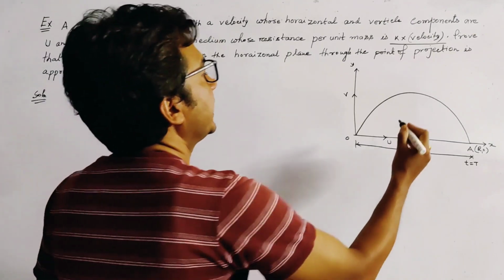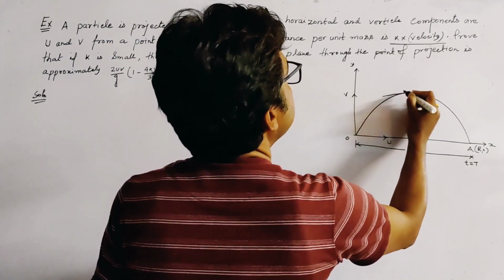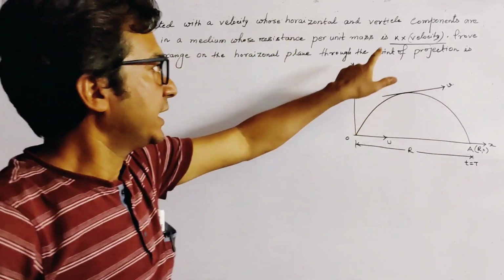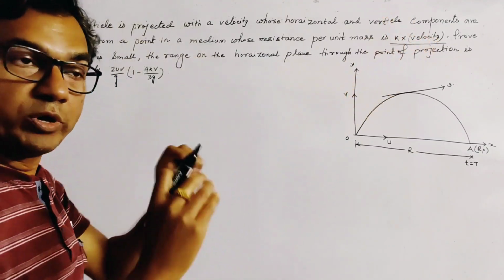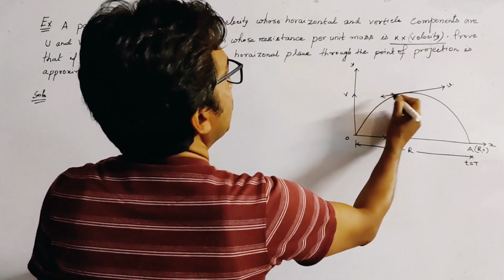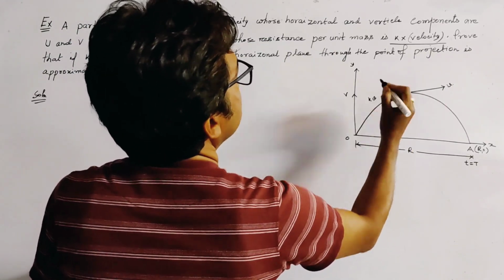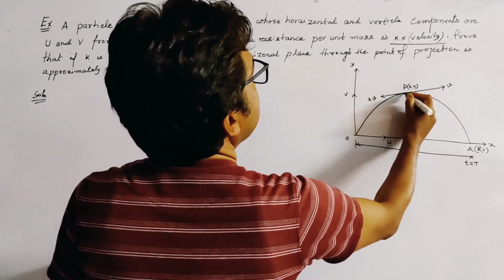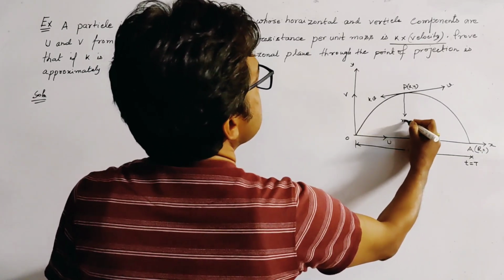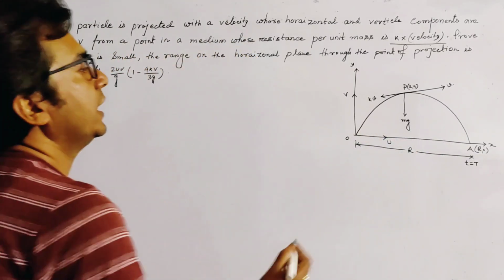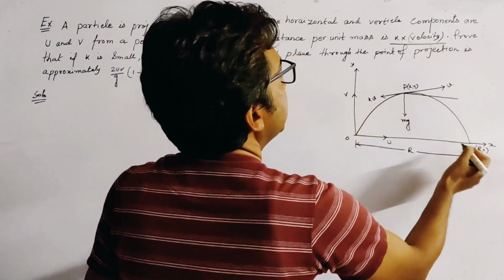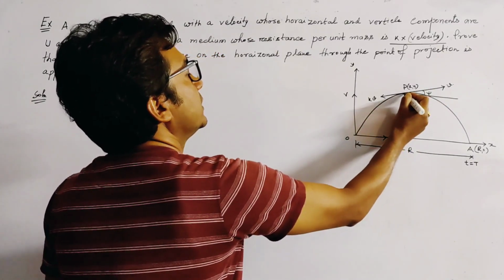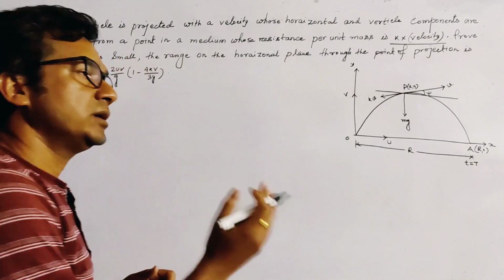Let at any point P, the velocity be v. The resistance is k into velocity per unit mass, where m is 1, so the resistance force always acts in the backward direction, kv. Let the coordinate of P be (x, y), and another force, mg, always acts downwards. Let the tangent make an angle psi with the horizontal, and we extend the horizontal direction backward.